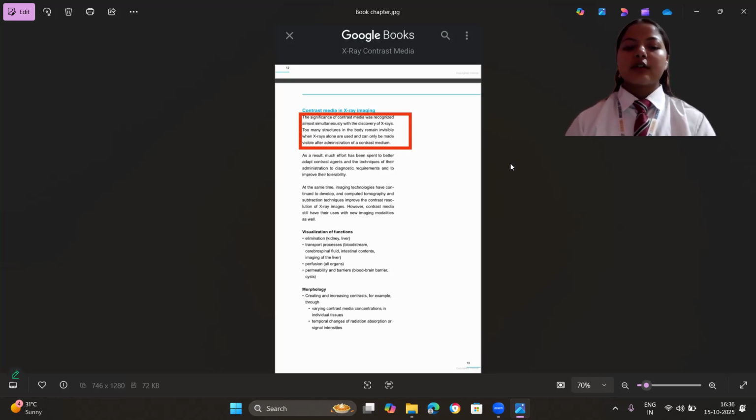All these functions allow radiologists to understand how well an organ is working and detect abnormalities that might not be seen on a plain X-ray.